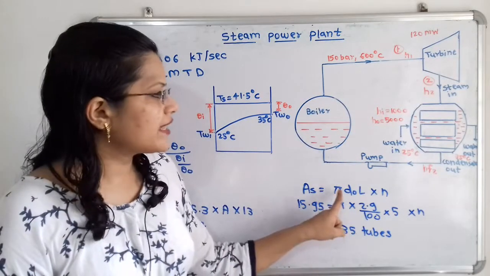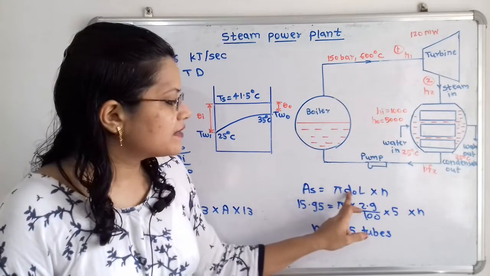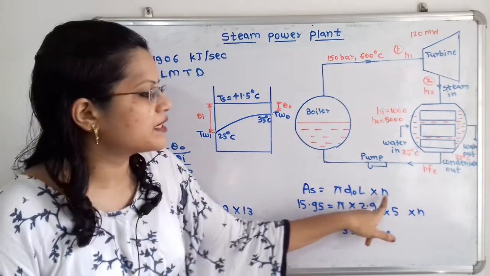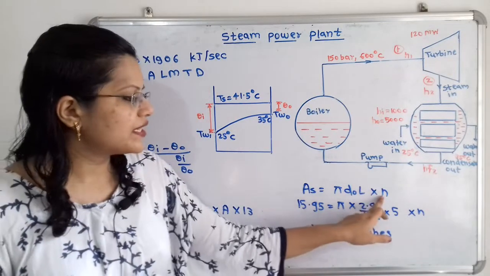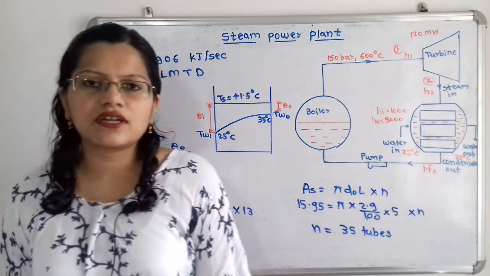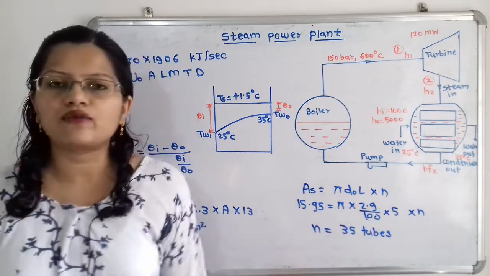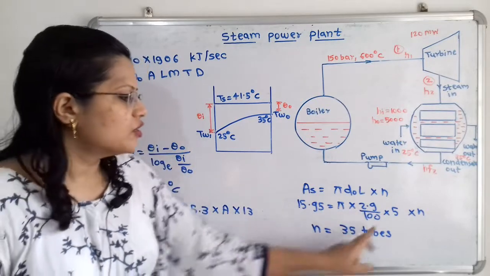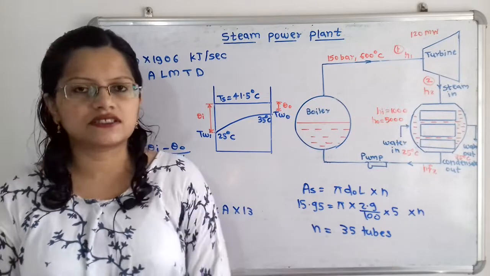So we have to take the total length of the tube, which is also given: pi Do L is the surface area, multiplied by the number of tubes. If we observe, there is only one unknown term, the number of tubes. The outside diameter is given in centimeters, so we have to convert it into meter, that is 2.9 divided by 100. So the value of N is equal to 35 tubes, and this is the answer.